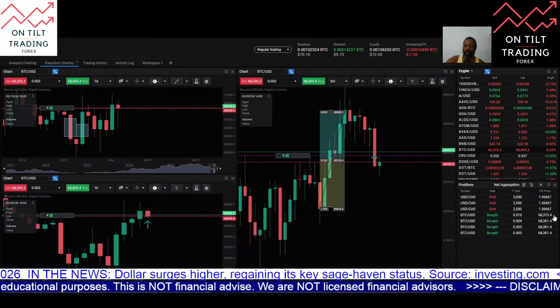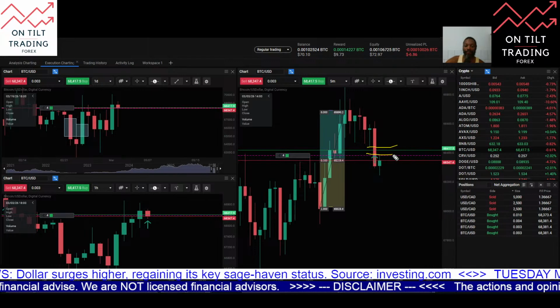Price potentially forming a bearish fair value gap.